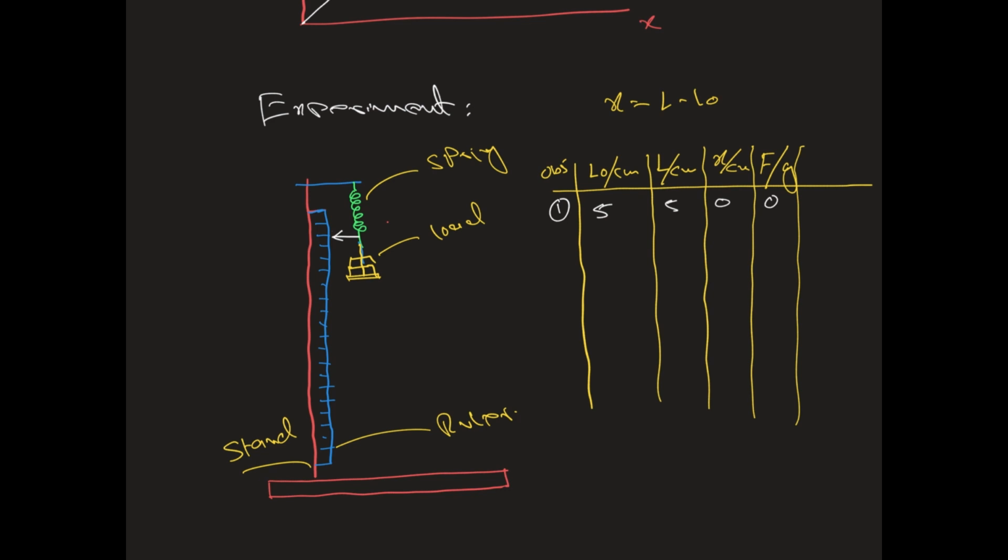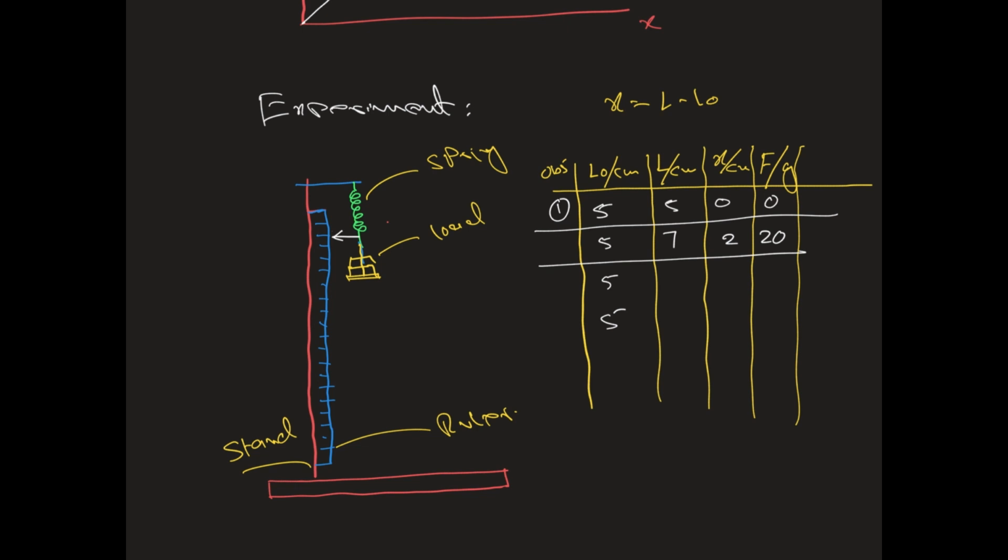Now you applied a load. Let's suppose you put the load of 20 grams. So now the new reading is, just suppose, 7 centimeter. This will remain same because it is the initial reading. It won't be changed. So 7 minus 5 is 2.